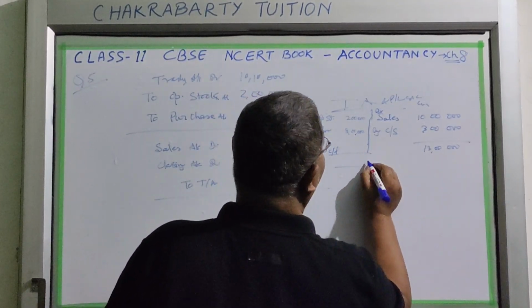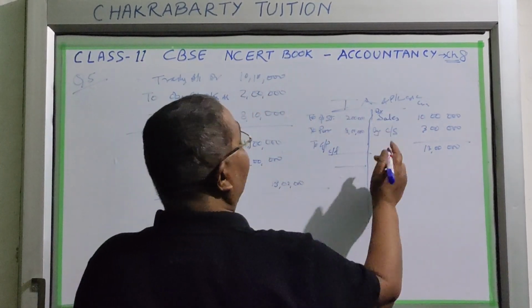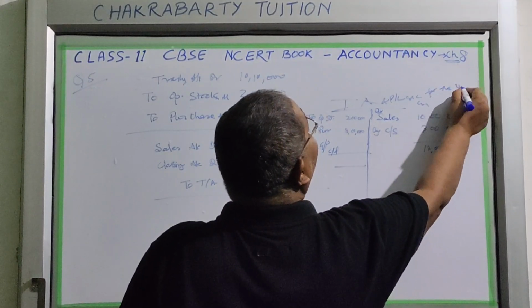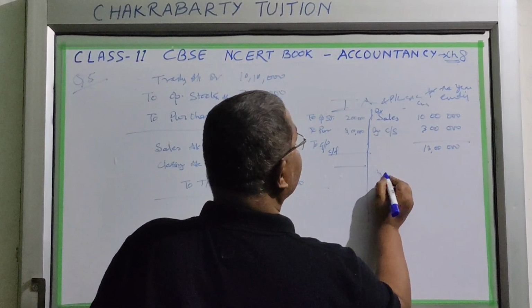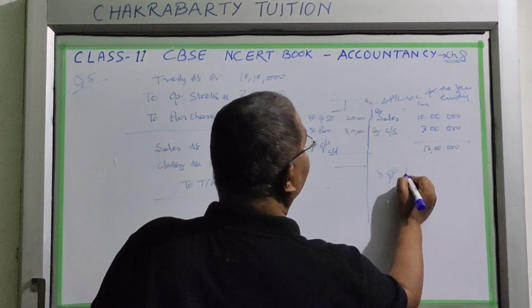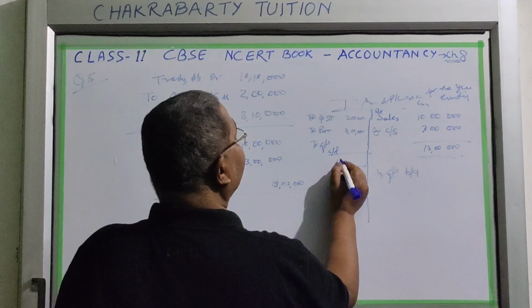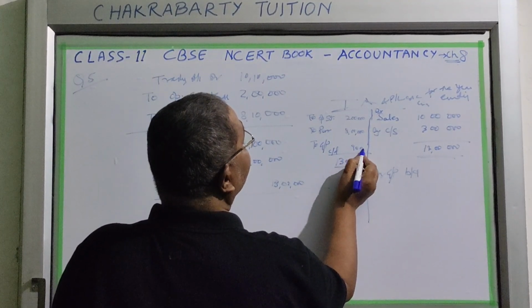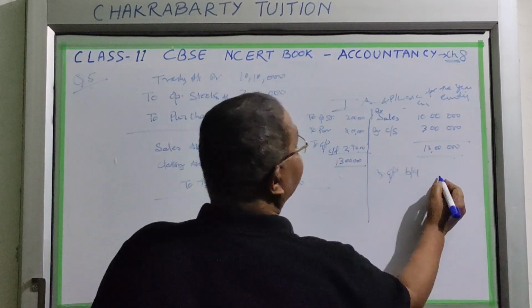Okay, and here itself is the PL account, because in the heading we have trading and PL account. For the year ending, it is for the full year. So by GP brought down, 13 lakhs will come here, and the difference is 2,90,000.